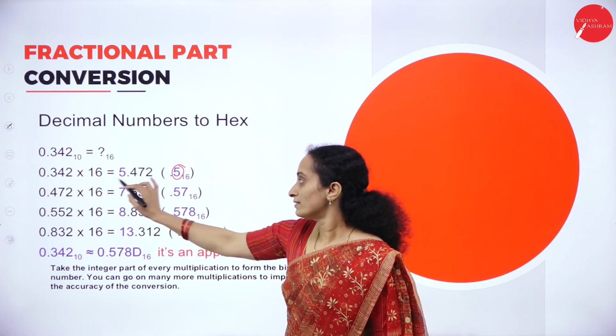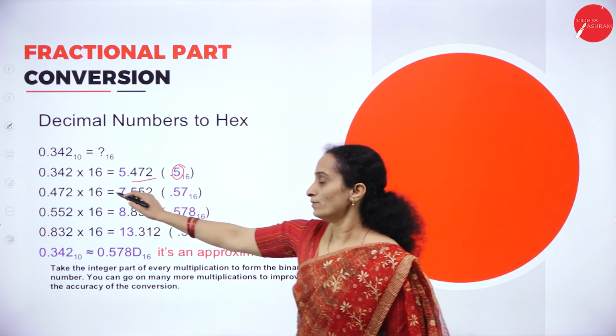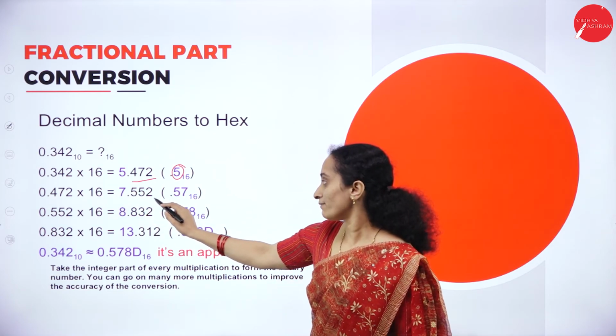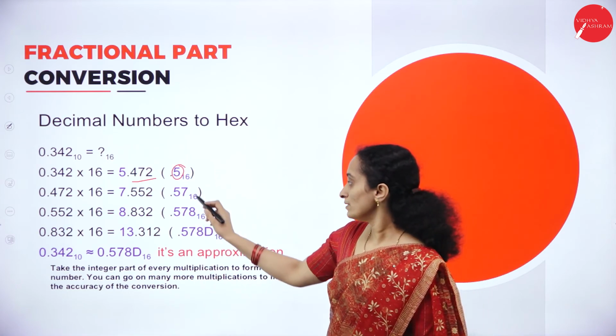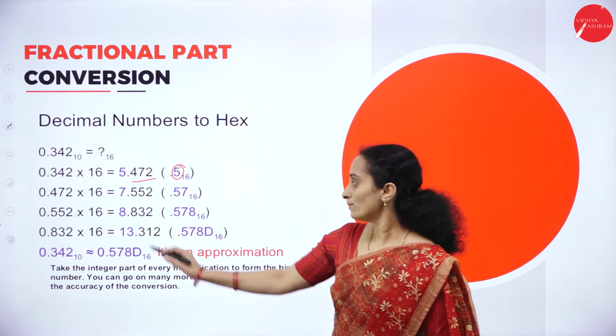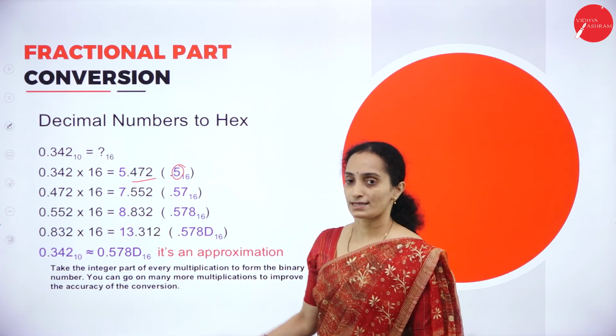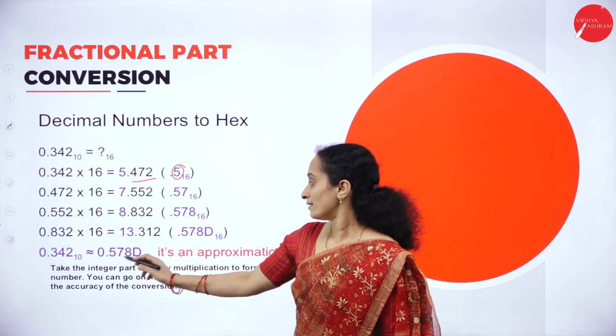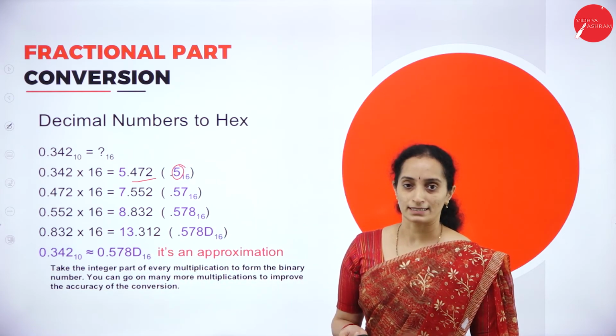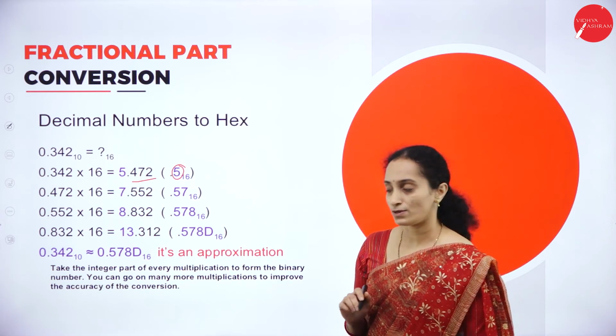Next we have 0.472 into 16, 7.552. 7 is the value. Next is 8. Next comes 13. Again, this is not attaining 0 at any cost.